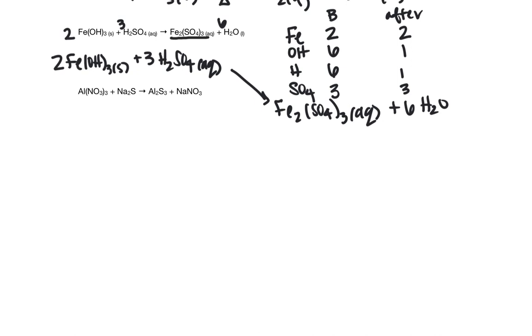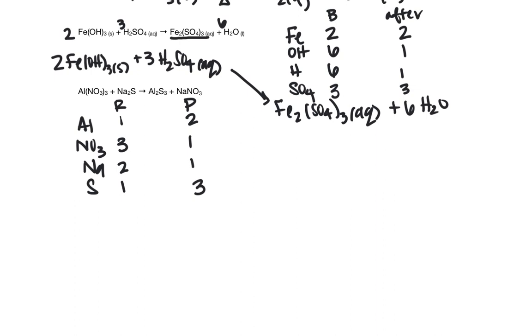So I'm going to leave these some grouped together. So we have aluminum, then we have nitrate, sodium, and sulfide. And we have the reactants and the products. So we have 1 aluminum, 3 nitrates, 2 sodiums, 1 sulfur. And on this side, we have 2, 3, 1, 1.